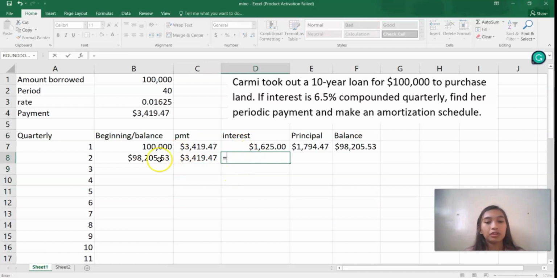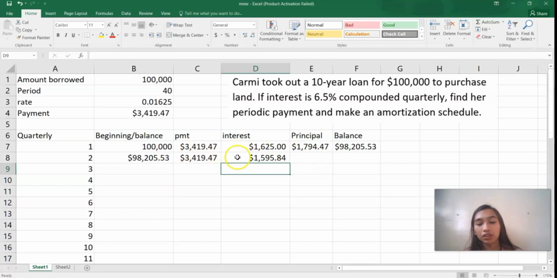Again, we have to multiply here the beginning balance by our interest rate, and here in the interest rate, the red mark, we have to put a $ sign, then enter. So note that we have to put a $ sign in the second period between the payment and the interest, right?